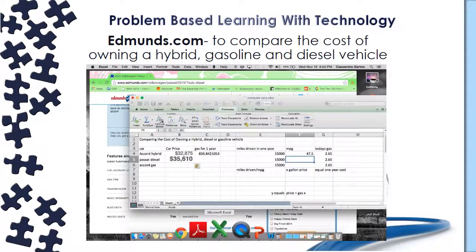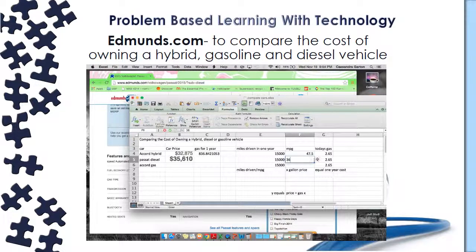So I'm going to go back to my spreadsheet and put 36, and Excel has a really nice feature. If I just go to the corner and pull down, it will do the same formula for these amounts that it did for these amounts. So I can now see that it's going to be $1,104 and about 17 cents for the price of gas for 1 year on the Passat diesel.